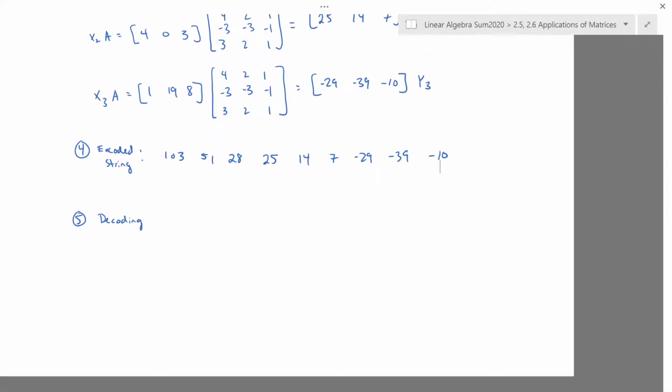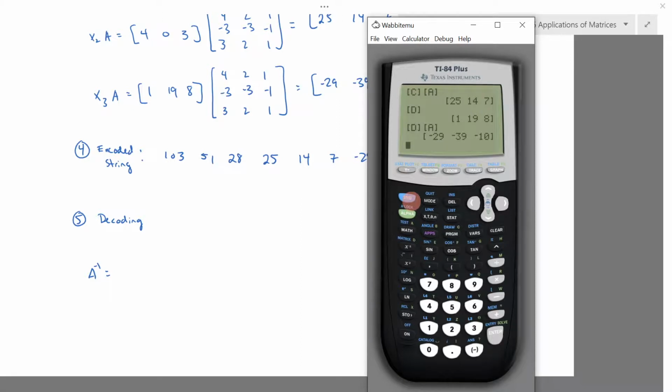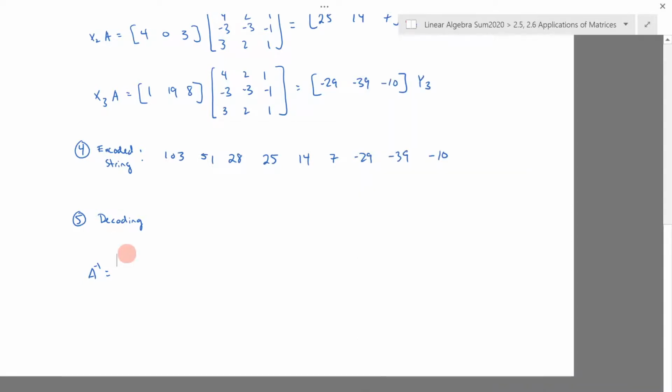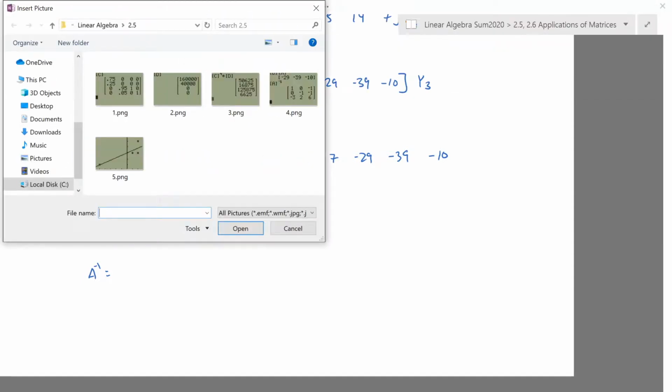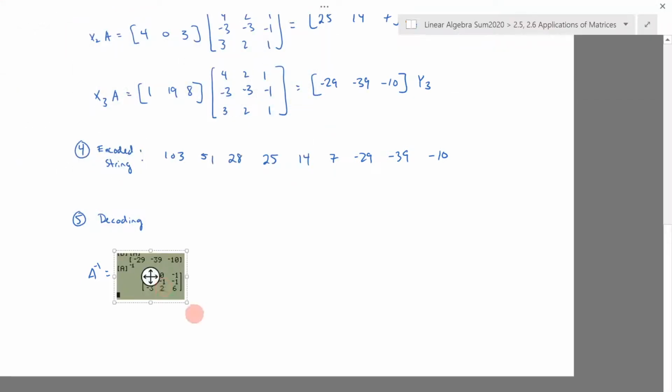First we need to know what A inverse is. So let's calculate that. So what is A inverse? This matrix, 1, 0, negative 1, 0, negative 1, negative 1, negative 3, 2, 6. Right, so that's my matrix A inverse.